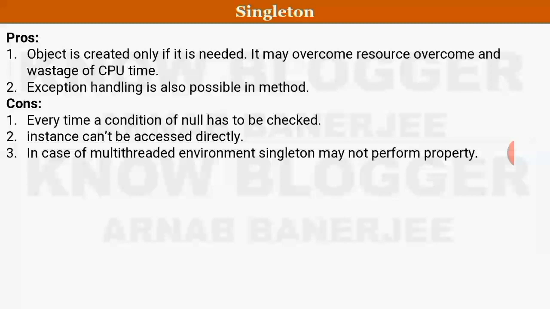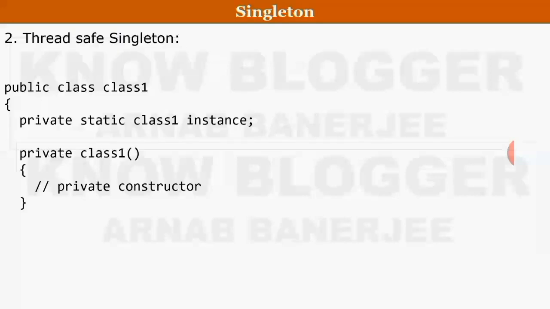To overcome the multi-threaded related issue, we need to make the getInstance method thread safe. So what should we do? We need to use the synchronized keyword, because we know if we use the synchronized keyword, then only one thread will be able to get access at a time.